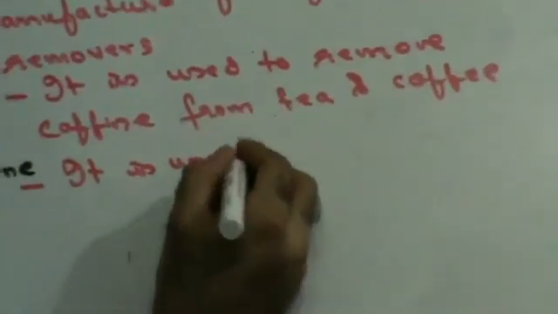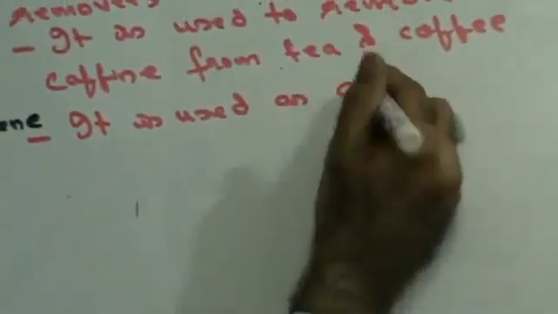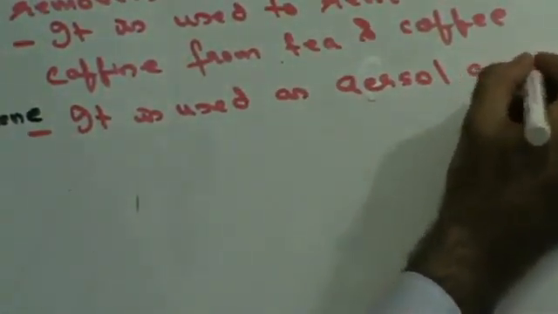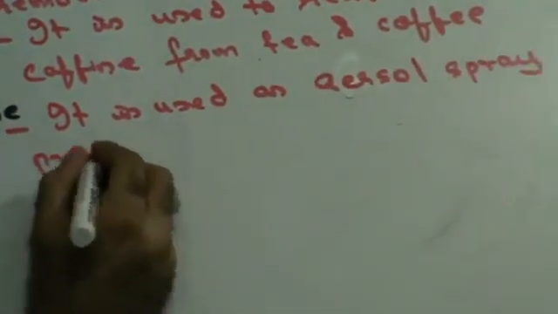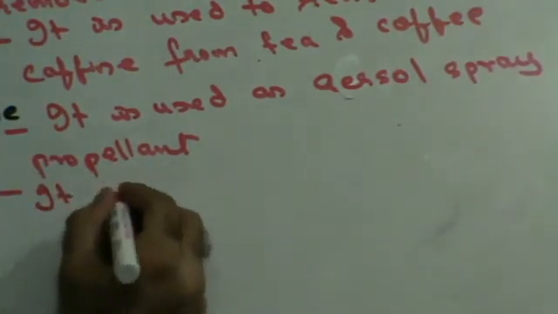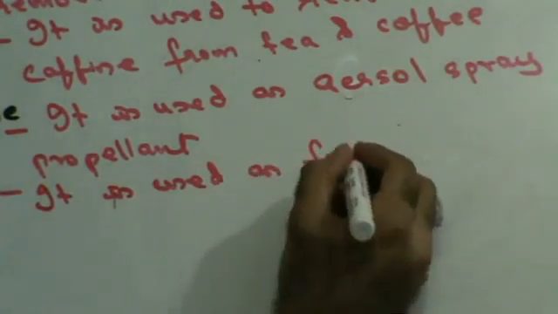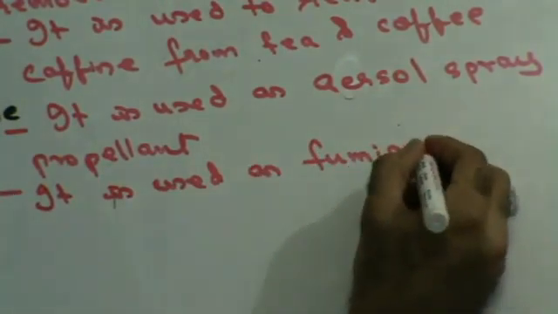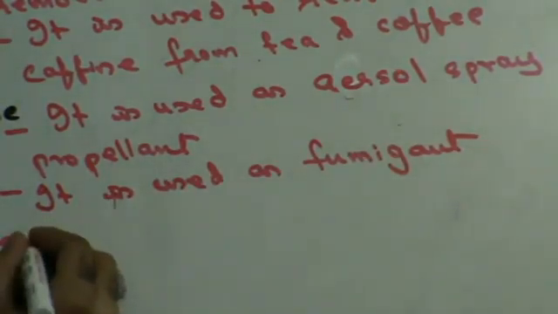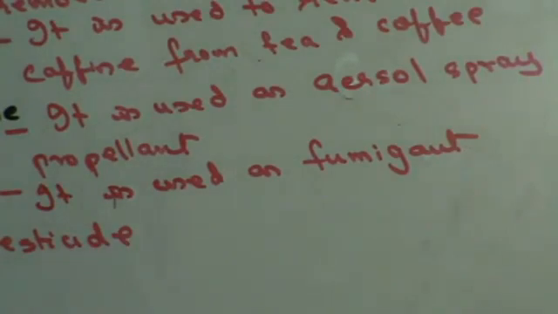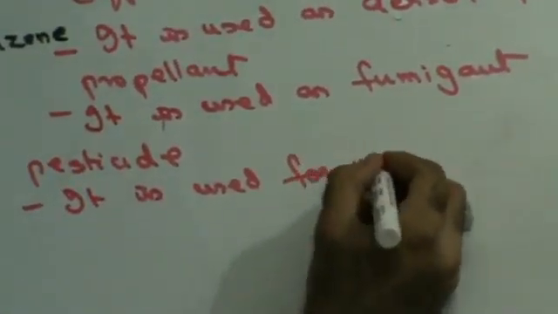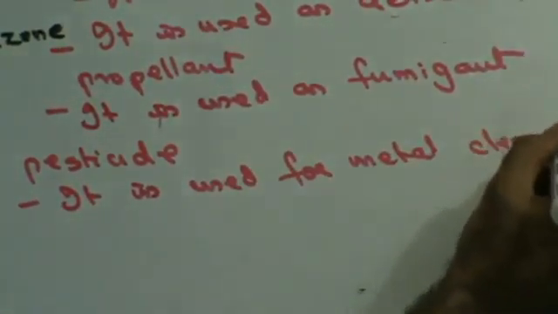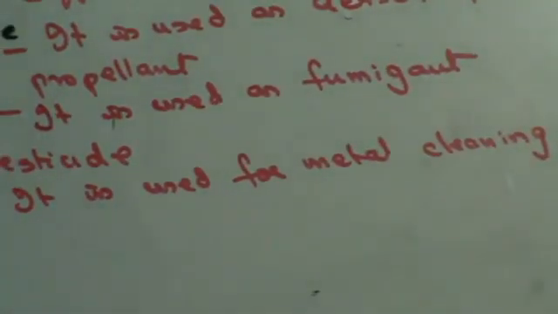Then it is also used as a fumigant pesticide, and it is also used for metal cleaning. Those are the uses of dichloromethane.